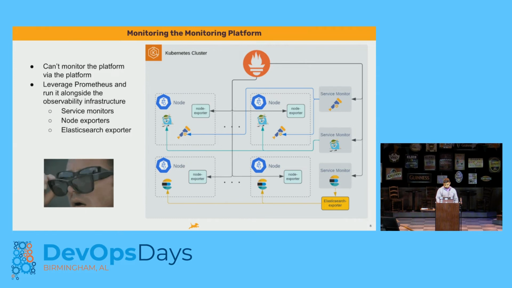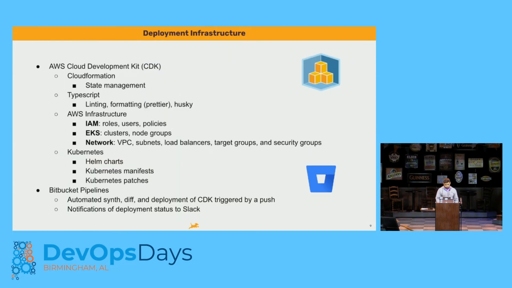All right. And then lastly, we're DevOps. So how are we deploying this? I don't think anyone's going to go and try to run kubectl commands and Helm chart installs and then not necessarily know what's installed, and having to do manual things is not what we like to do as DevOps engineers. So we decided to use AWS Cloud Development Kit, or CDK, for a couple of reasons.